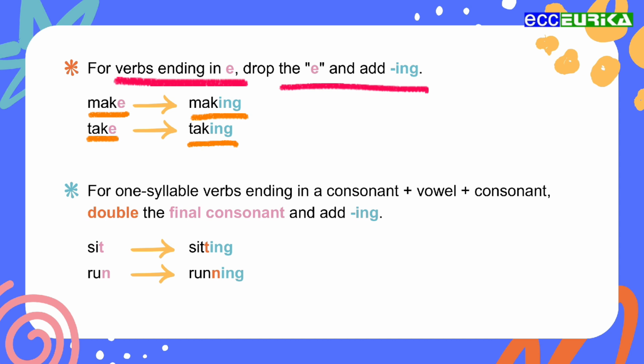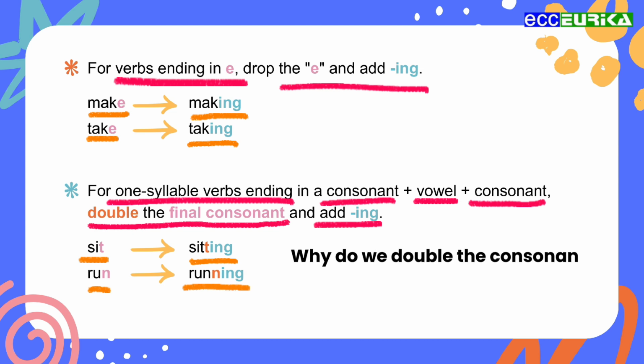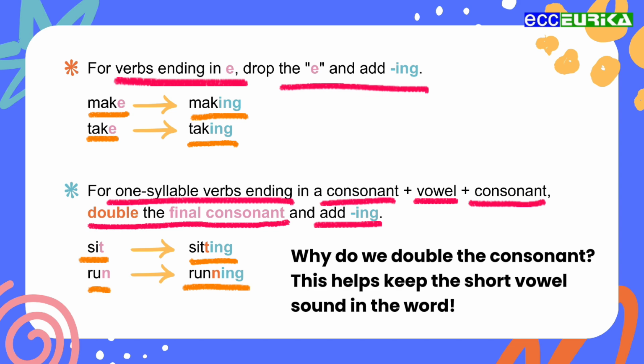Next, if a verb is one syllable and follows the pattern consonant plus vowel plus consonant, we double the final consonant before adding ing. For example, sit becomes sitting. Run becomes running. So why do we double the consonant? This helps keep the short vowel sound in the word.